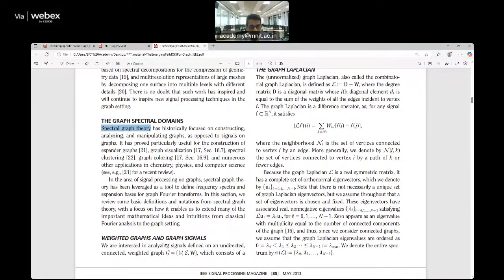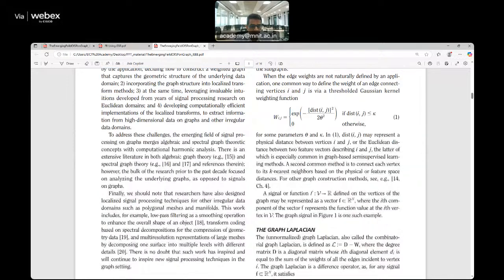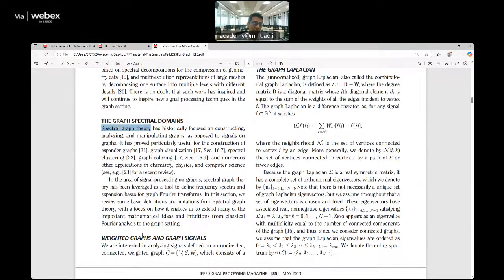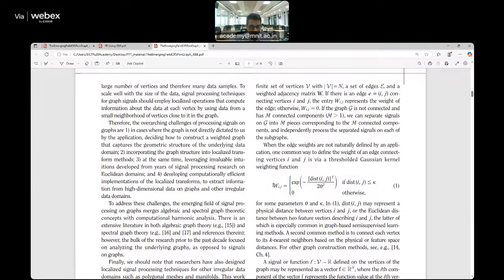Then, weighted graphs and graph signals have been explained. See, what do you mean by a weighted graph? A weighted graph means where a weight is there, and graph signals. Remember, this was basically the weight, one of some weights. And if you noticed, even in our EEG signal we took up the same weight.